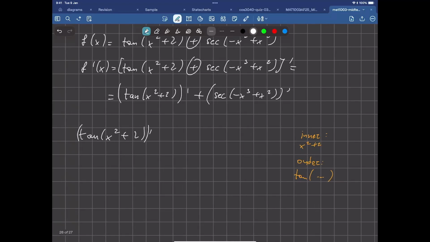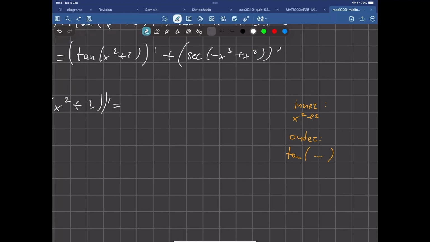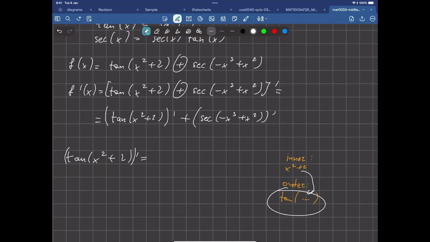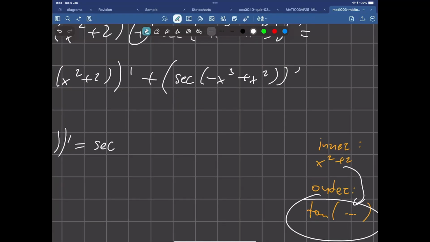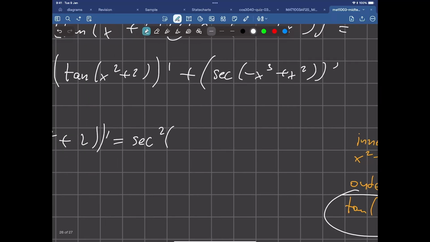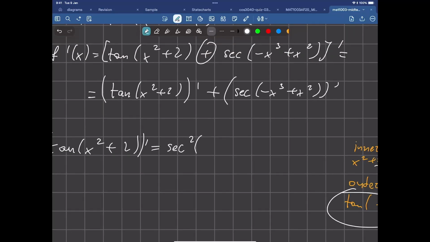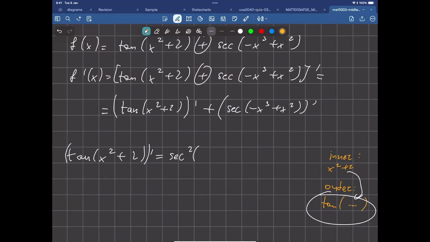So now in order to find the derivative, we need firstly the derivative of the outer function with the inner function unchanged inside. So the derivative of tangent is always secant squared, as I told you. So that's going to be secant squared of whatever's inside of it without changing it. So that inner expression, for now, I'm not going to touch it inside of the secant squared, okay?